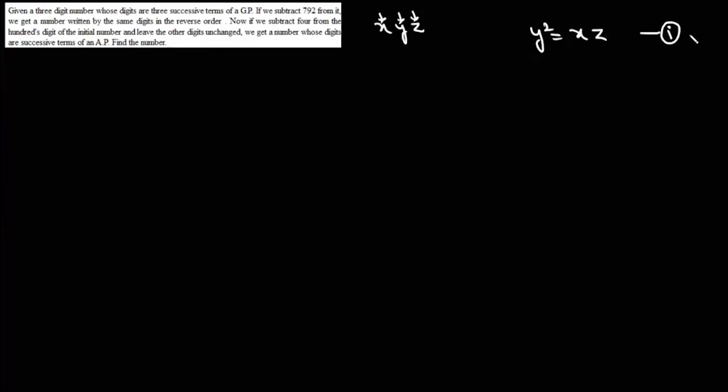Now it says, if we subtract 792 from it, we'll get a number written by the same digits in the reverse order. So there will be zyx.